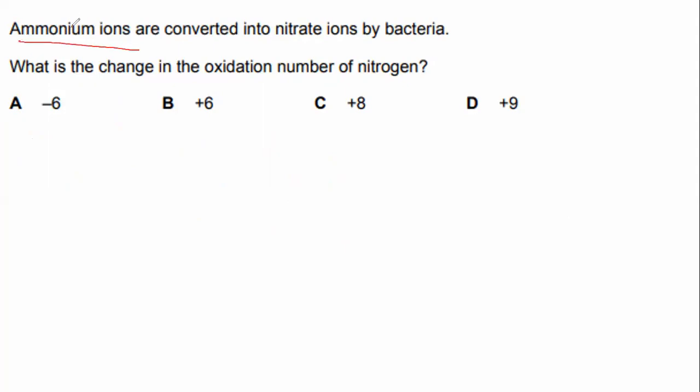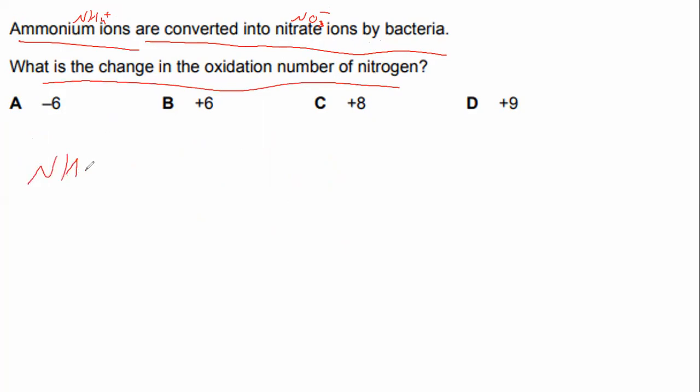So ammonium ions, NH4+, are converted into nitrite ions by bacteria to NO3-. What's the change in oxidation number of nitrogen? So we have NH4+ and we got NO3-.